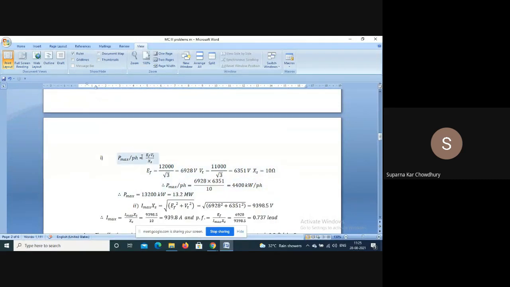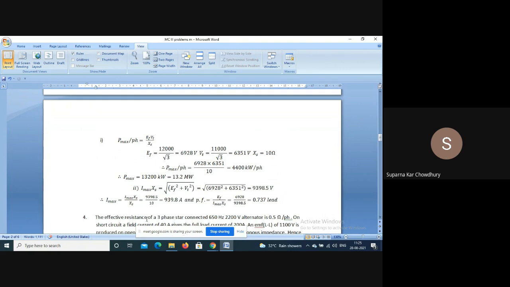So from this equation, Pmax per phase can be found out, it is 4,400 kilowatt per phase. So Pmax will be 3 times this, 13.2 megawatt.